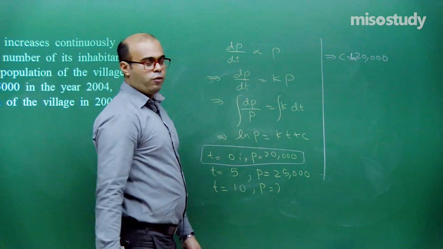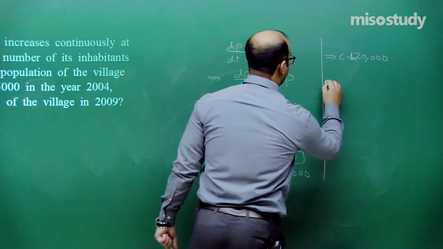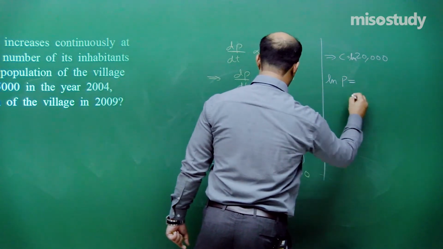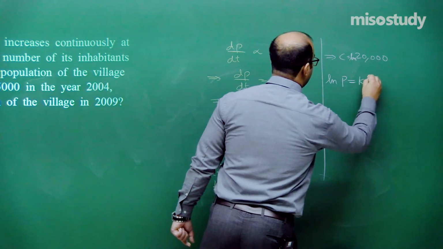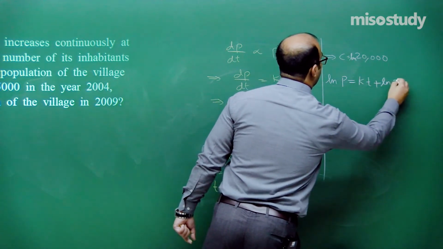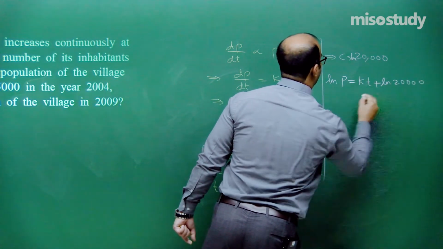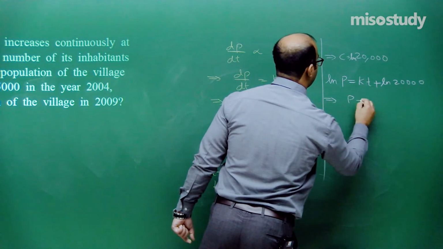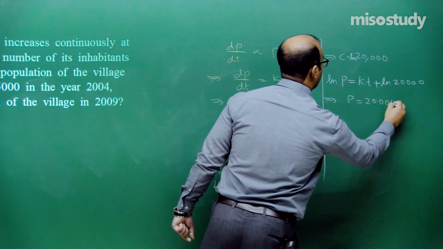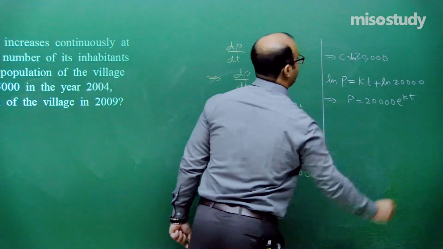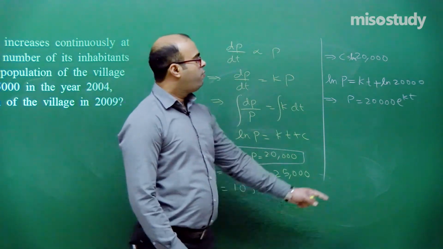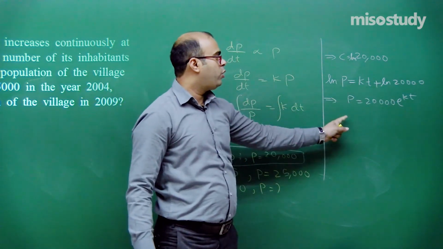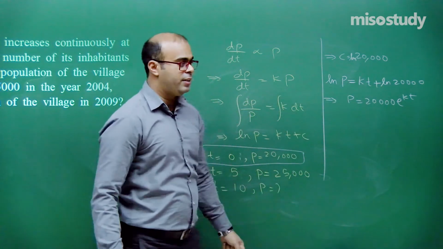So C is log of 20,000. So the equation becomes log of P is equal to Kt plus log of 20,000. We can write it like this, P is equal to 20,000 e to the power Kt. After simplification, we take 20,000 to the left, P by 20,000 is e to the power Kt.